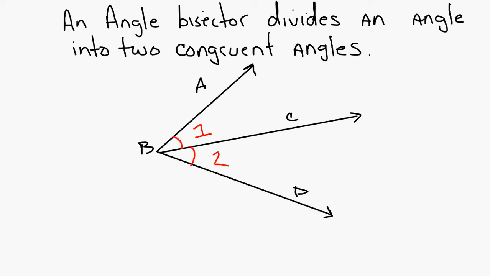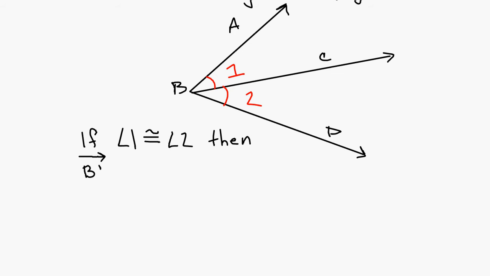And we're going to say that if angle 1 is congruent to angle 2, then ray BC is an angle bisector.